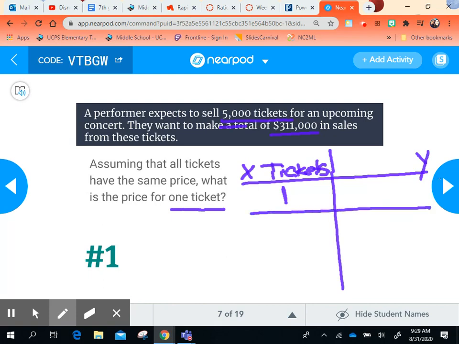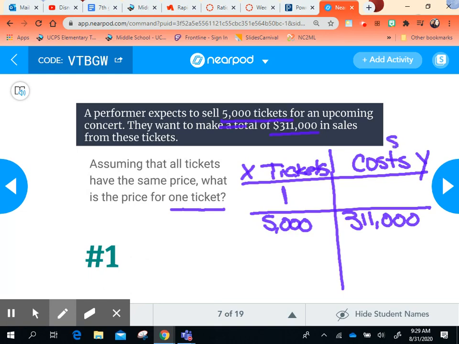So now I'm going to go back into my directions. It said 5,000 tickets, $311,000. So from here, I can go ahead and solve for how much it costs.